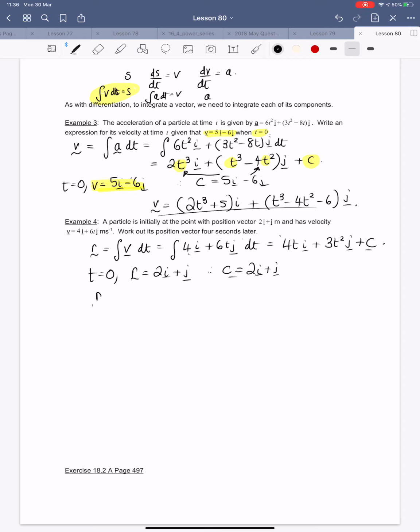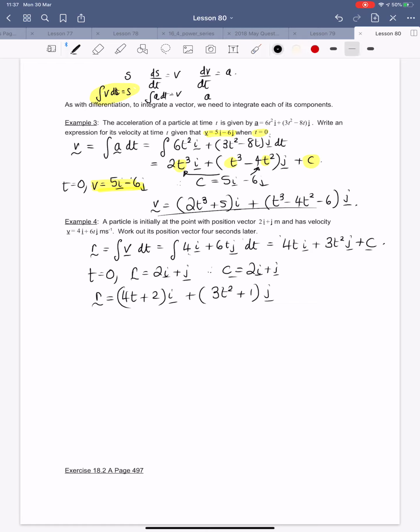And so r is (4t plus 2)i plus (3t squared plus 1)j. So what I've done there, that 2 is there, and this 1j is there. Okay. Yes, that's the same as what's in the book.